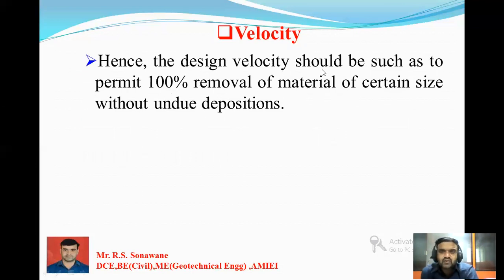Hence, the design velocity should be such as to permit 100% removal of material of a certain size without undue deposition. So we have to decide what the velocity in a screen chamber should be for 100% removal of floating material, so that the velocity is kept in a proper manner.